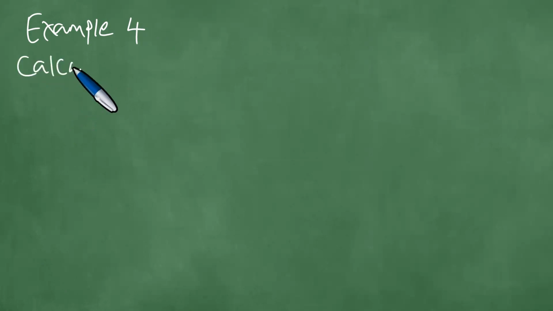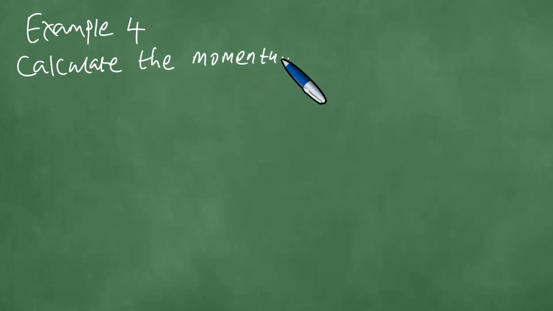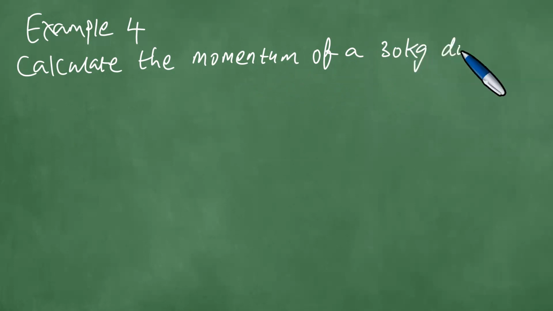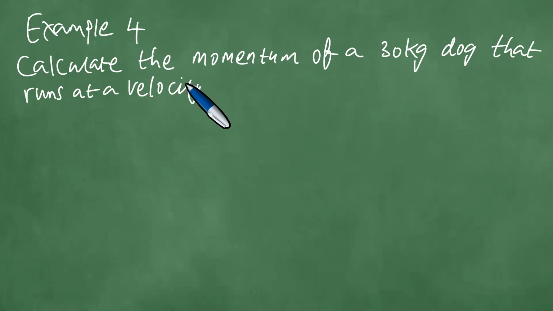Calculate the momentum of a 30 kilogram dog that runs at a velocity of 8 meters per second west.